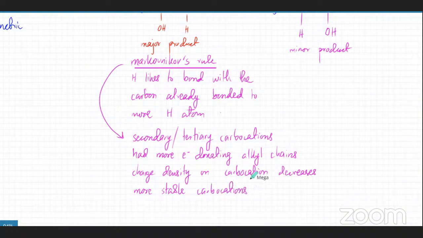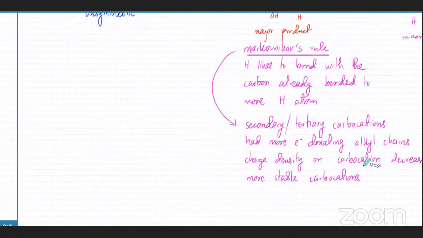So basically this was what was happening. If you had a propene molecule, an unsymmetric alkene, you had a double bond, and if you remember the mechanism, the bromine is going to grab electrons from the double bond and bond with the carbon atom.